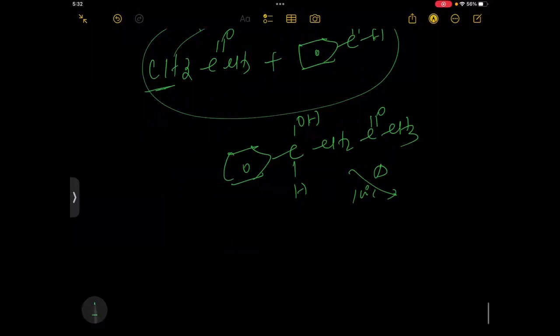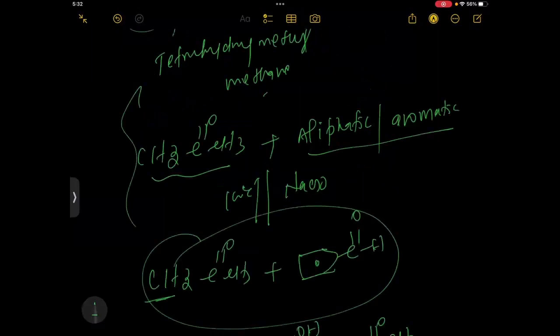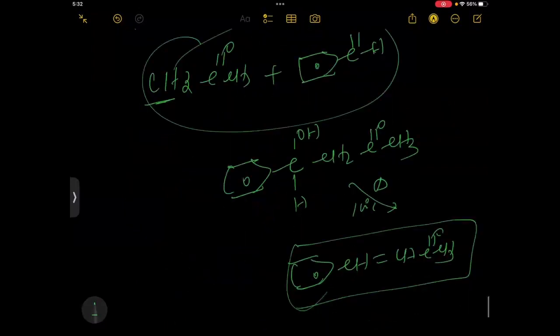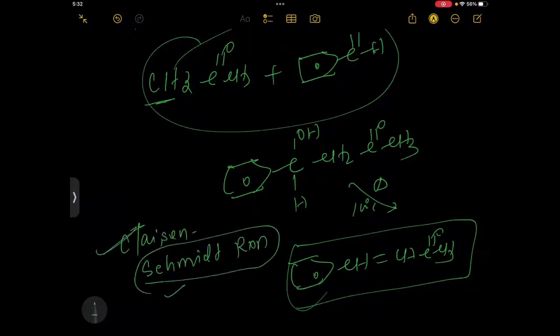Actually, when you take a ketone along with any substance, this reaction is called the Claisen-Schmidt reaction. Students, Claisen discovered this reaction and Schmidt developed it. Why?